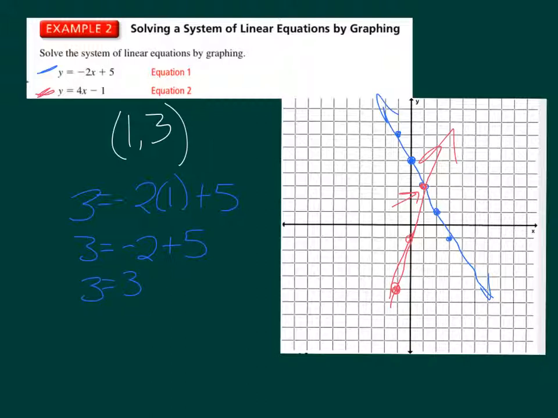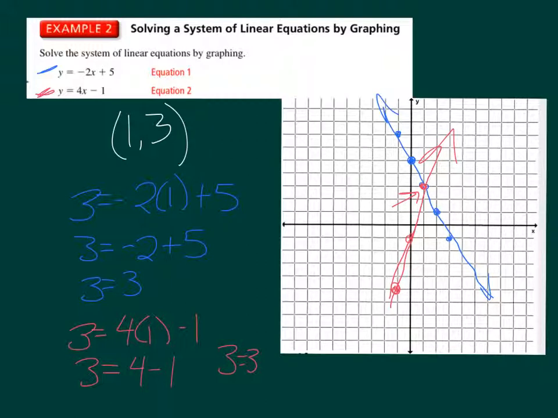In the red equation, if I plug in (1, 3), I get 3 equals 4 times 1 minus 1. 3 equals 4 minus 1, and as you can see, we also get 3 equals 3. So if we plug in that point, it is a solution of the system because it works for both.